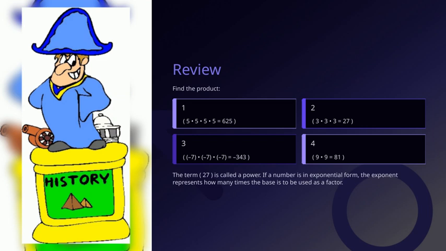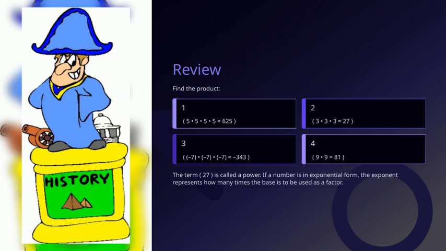When a number is written in exponential form, the exponent tells us how many times to use the base as a factor. For example, 3 multiplied by itself 3 times is written as 3 cubed, which equals 27. Similarly, 9 multiplied by itself twice gives us 81. Understanding these examples helps us see how repeated multiplication relates to powers and exponents, which is fundamental as we explore more complex mathematical concepts.